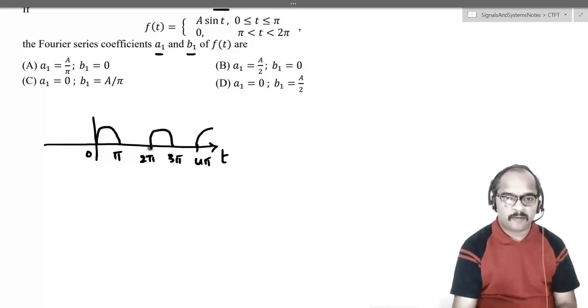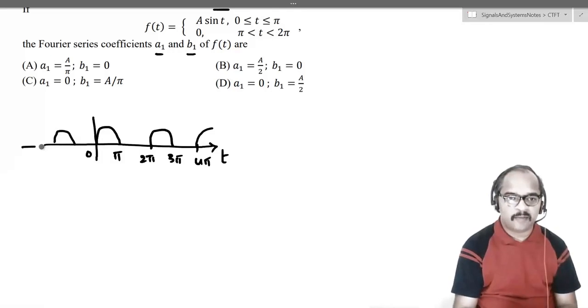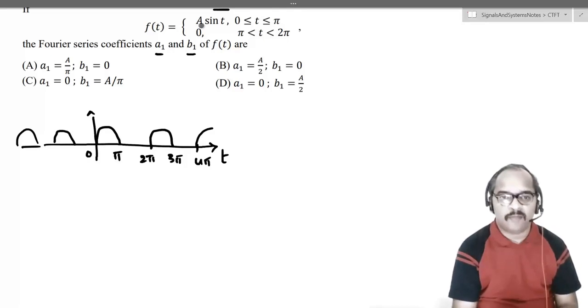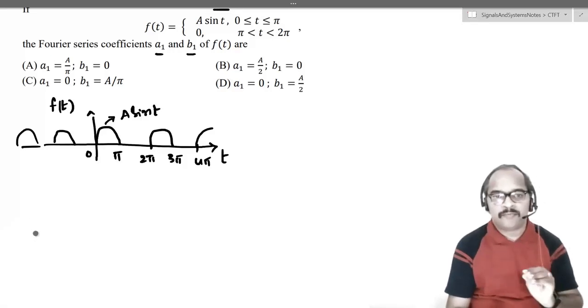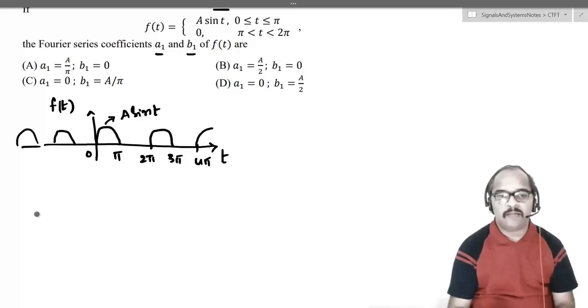And the same is the case in negative time also. So this is a half wave rectified waveform for A sin t. So an equation of this curve is A sin t. This information is given, and they call it f of t. The question is we have to find out a1 and b1.